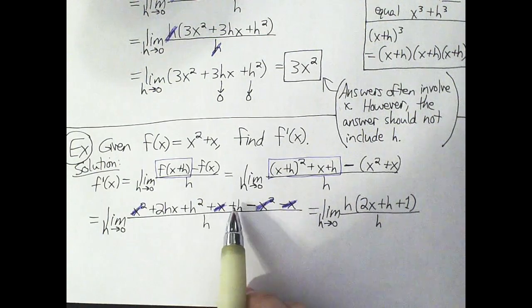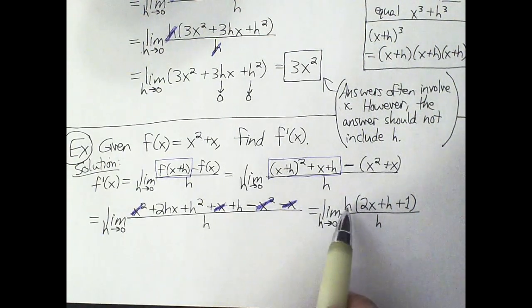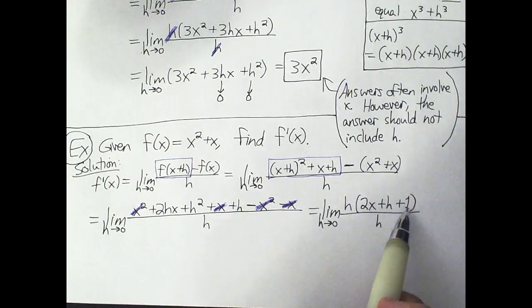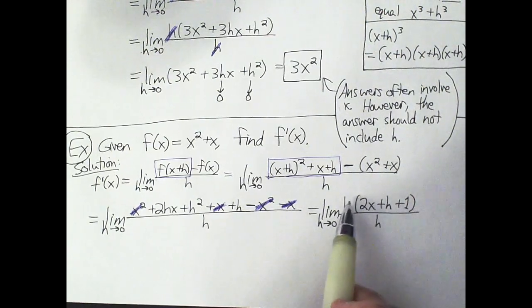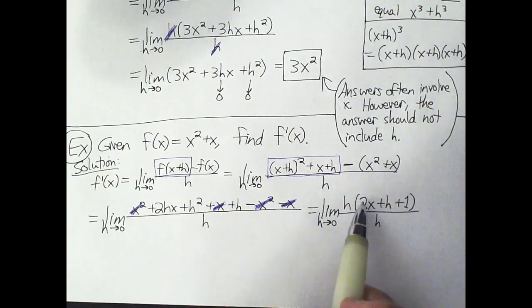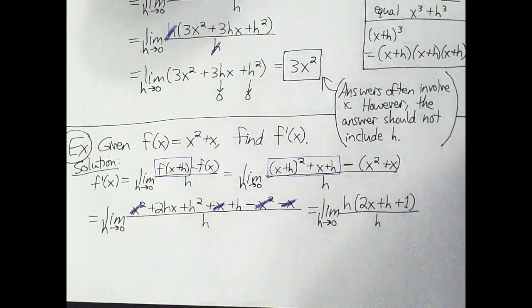We had plus h, and I wanted to factor h out of it. So we have an h out here and a 1 on the inside. Because if you were to distribute the h into these parentheses, you would get the 2xh plus h squared plus h. So this all checks out.